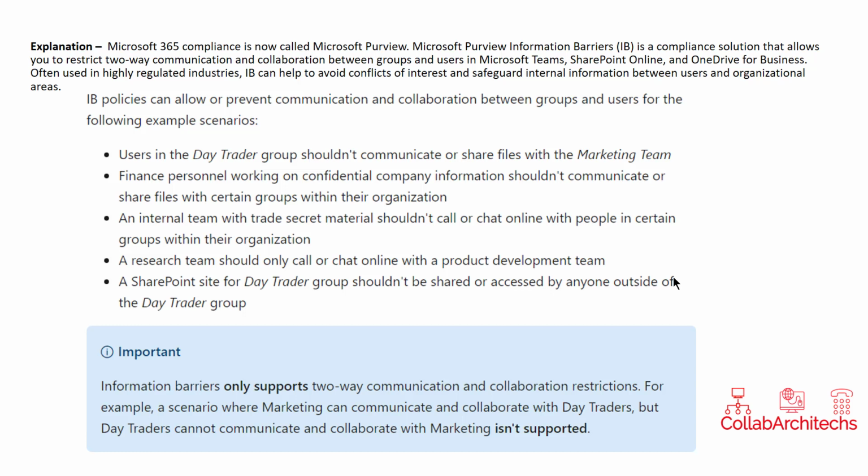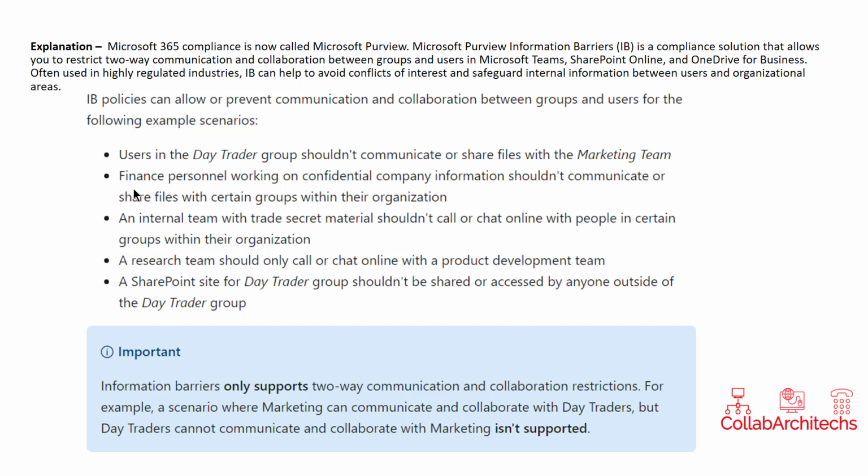So let's explore a bit more what the examples of it are. IB policies can allow or prevent communication between groups and users for the following example scenarios. In scenario 1, users in the day trader group should not communicate or share files with the marketing team.